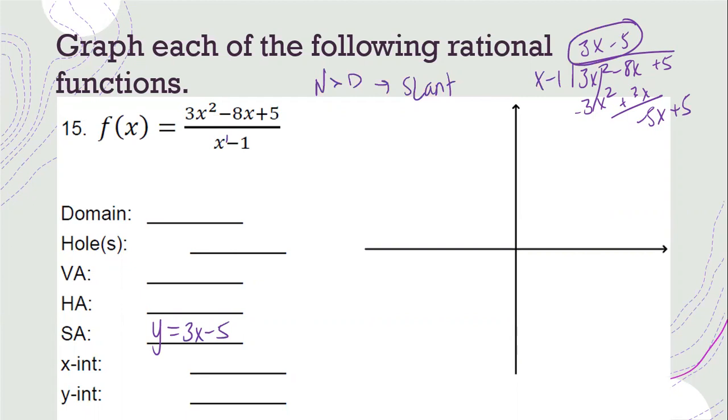Okay, next we're going to factor. Again, we're going to use a quick box to factor. The box is my first term, last term, and last box. I've got to find the magic numbers that go with this x. It multiplies to give me 3 times 5, which is 15, but adds to give me negative 8.